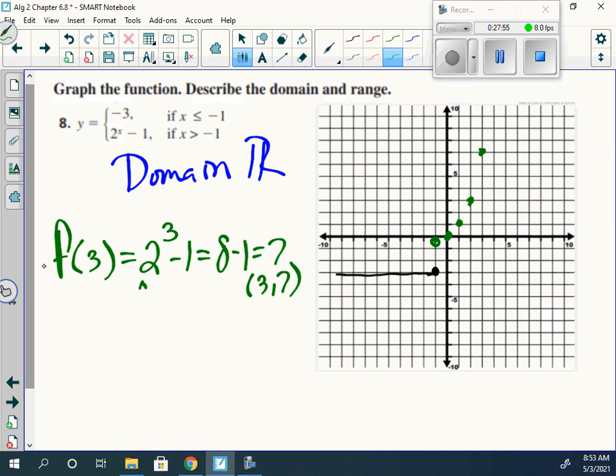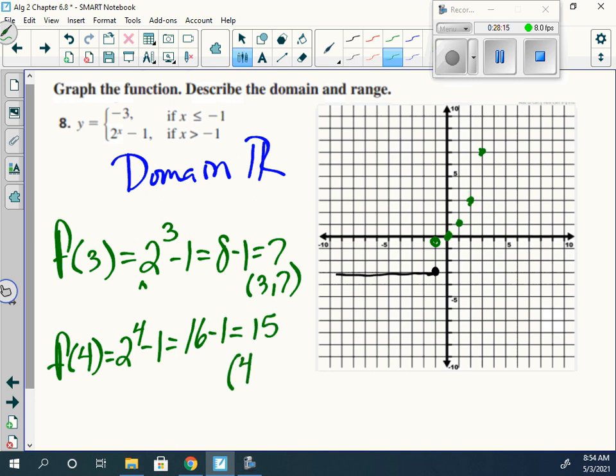And realistically, this is the last point that we can actually do and still have it on this 10 by 10 graph. And I can kind of show this here because if we look at f of 4, well, that'd be 2 to the fourth minus 1. Well, 2 to the fourth is 16, and 16 minus 1 is 15. Well, that's already gone off our 10 by 10. Y'all see this here?